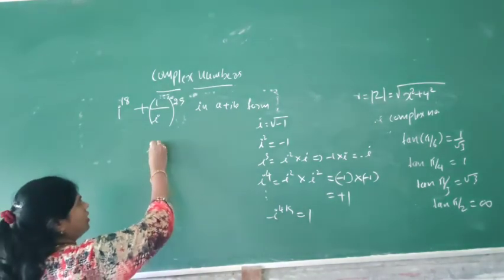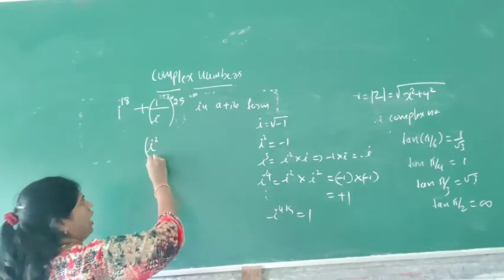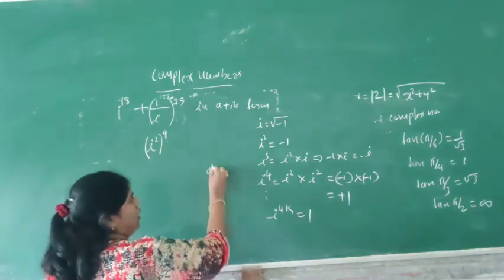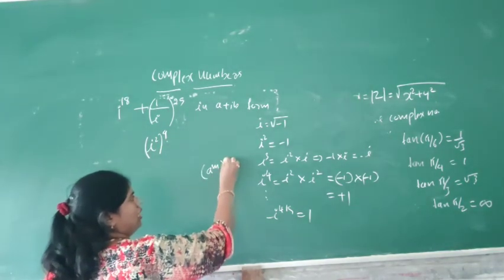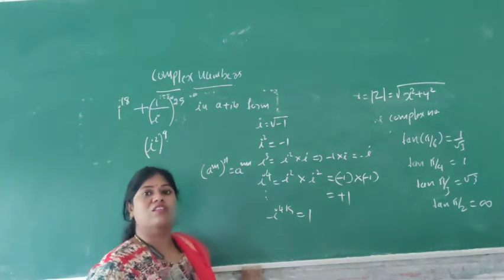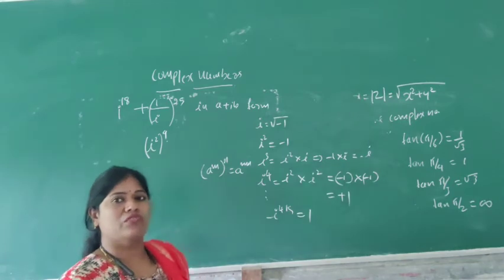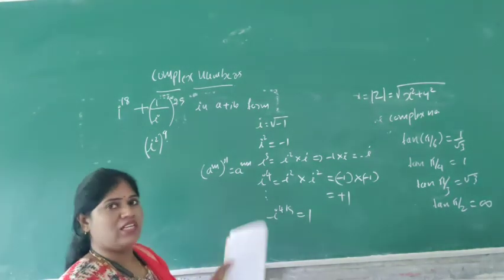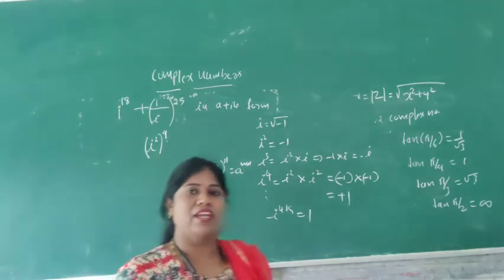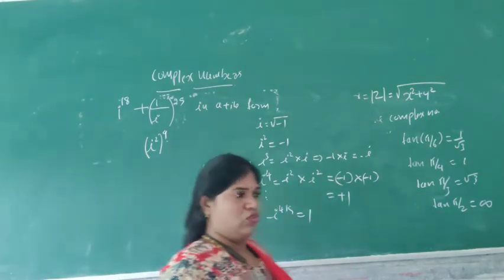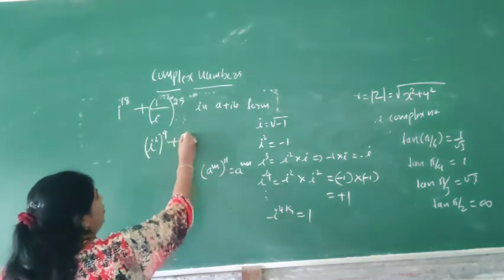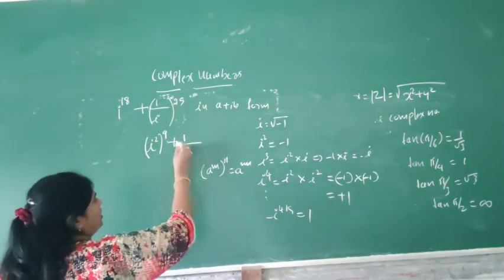So I raised to 18, I can write as I raised to 2 into 9, because there is one formula: A raised to mn is equal to A raised to m, the whole raised to n. These are the theory of laws of indices. Also, A raised to m into A raised to n is equal to A raised to m plus n. Those are the formulas we need to know. Now 1 to the power of 25 is 1 itself.